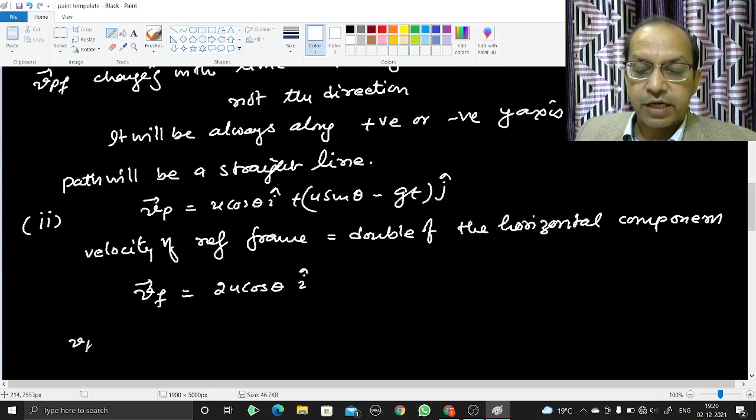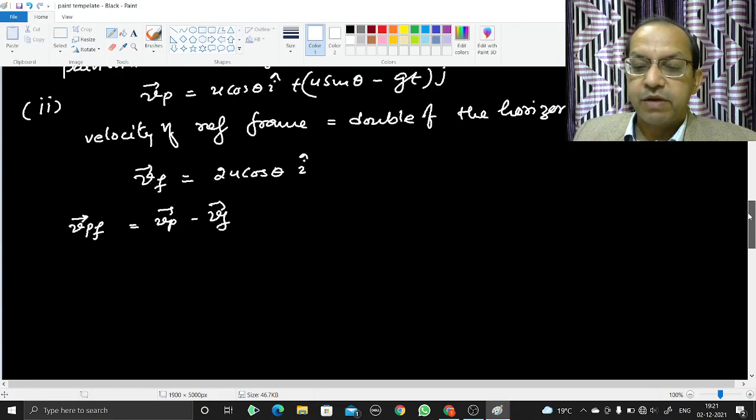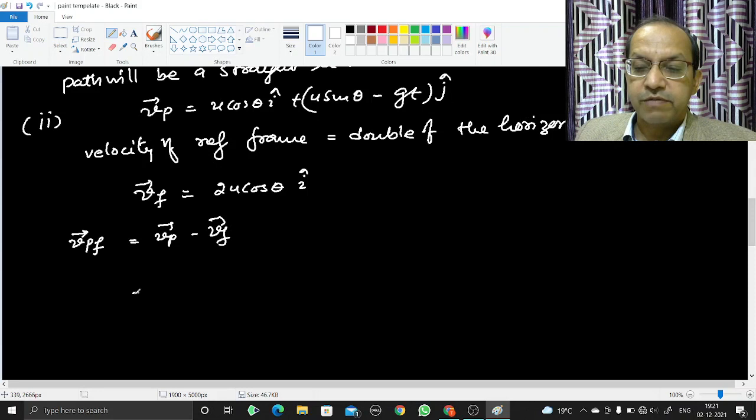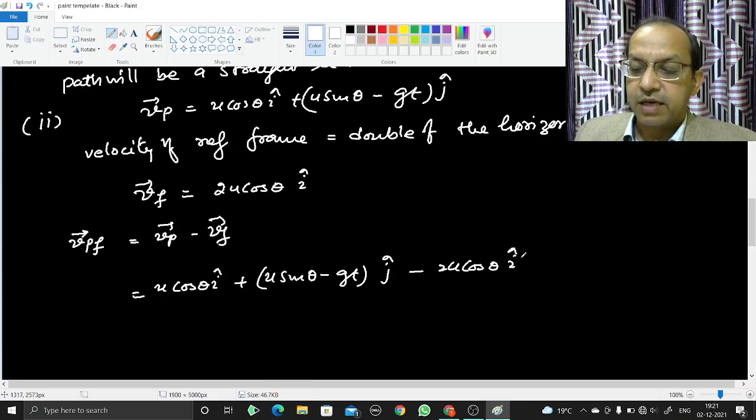Now the velocity of the projectile with respect to the frame, vpf, equals vp minus vf. That means u cos theta i cap plus u sin theta minus g t j cap minus 2u cos theta i cap, which equals minus u cos theta i cap plus u sin theta minus g t j cap.